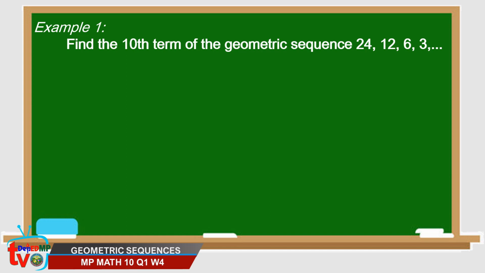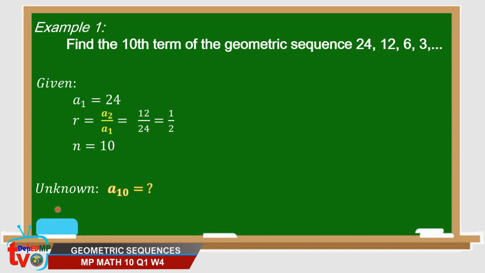The first example is to find the 10th term of the geometric sequence 24, 12, 6, 3, and so on. Of course, we need to follow the steps in problem solving, so step 1 is to identify the known and unknown facts in the problem. For the known facts, we have a sub 1 equals 24.